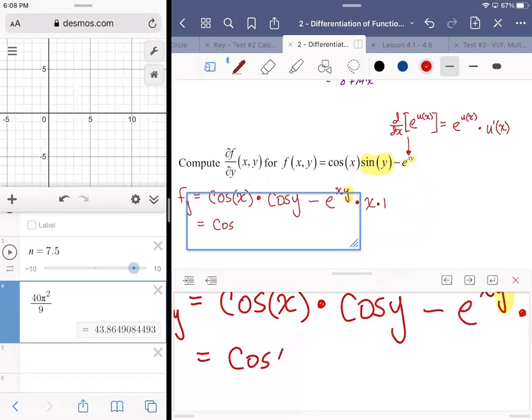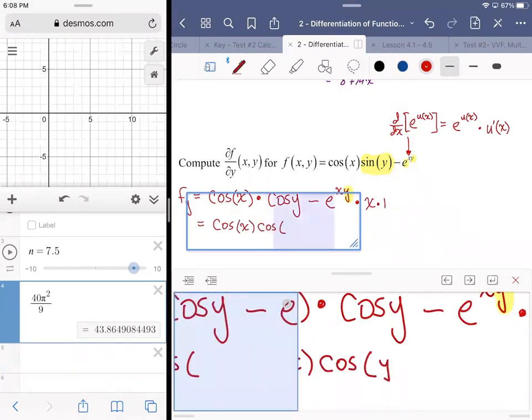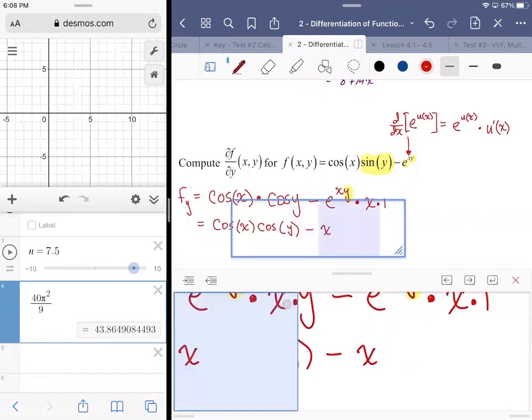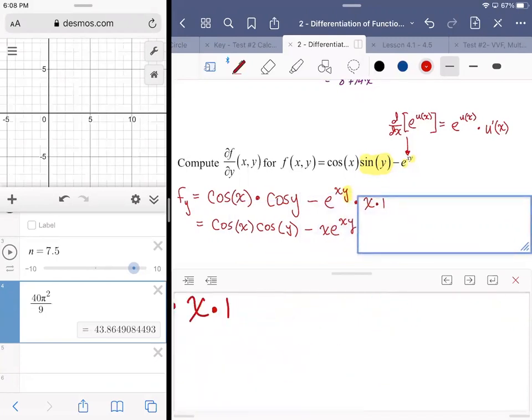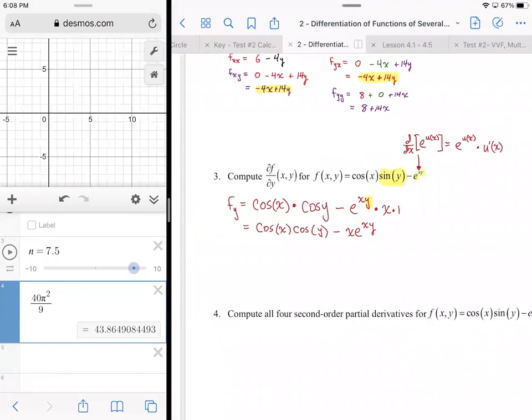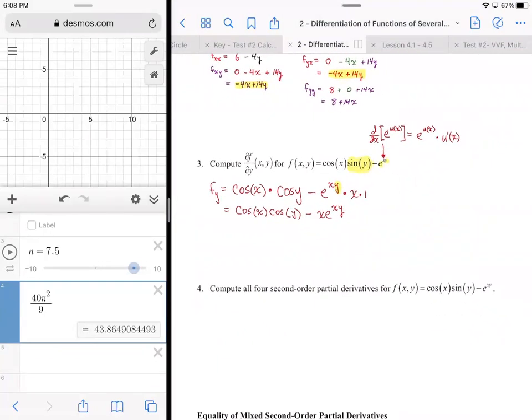There's not much cleaning to do here, but every little bit of cleaning will be rewarded later on with simpler computations in your second order partials with respect to x or y. All right. So let me zoom out a little bit so you can have a fighting chance of seeing that.